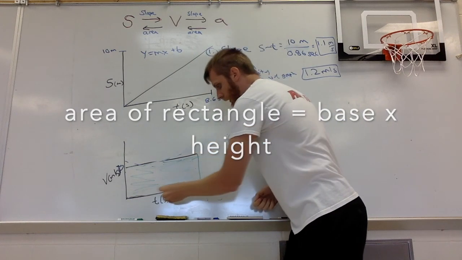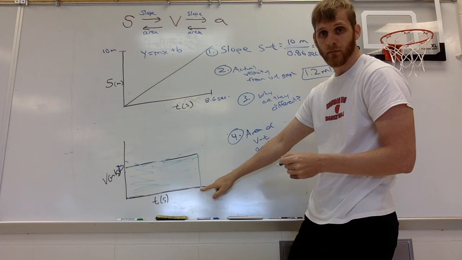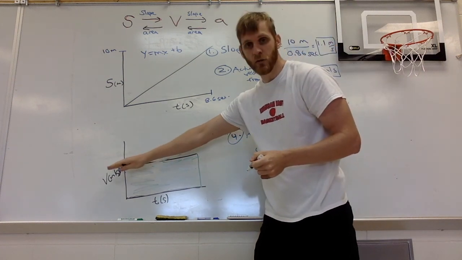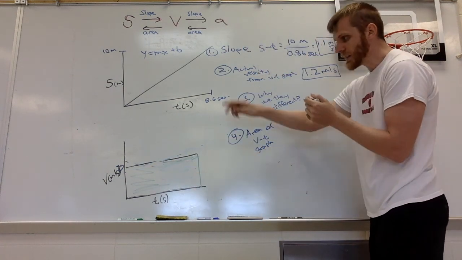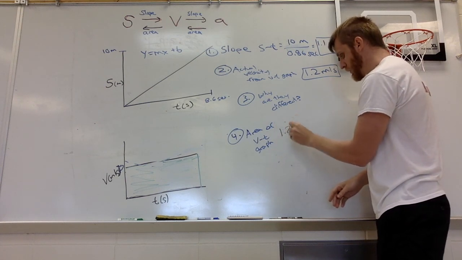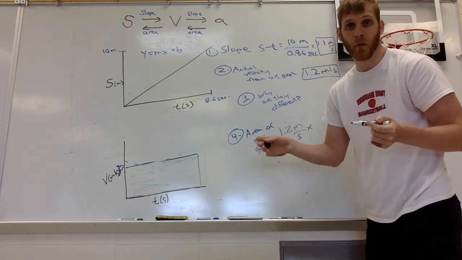The base of the box is equal to whatever that time is, all right? And the height of the box is the velocity that you recorded. So the area of the box is just going to be base times height. So the height is some sort of meters per second. I had 1.2 meters per second. I want to multiply by the base, which is some amount of time.